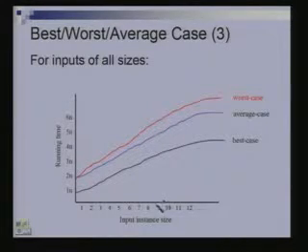For each input size, suppose I could figure out what the worst case, best case and average case were, then I would get such monotonically increasing plots. Why is that? It's clear that as the size of the input increases, the time taken by your algorithm will increase. It's not going to happen that your input size becomes larger and it takes lesser time.